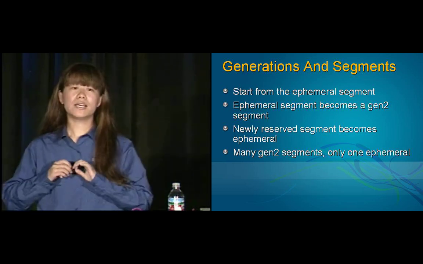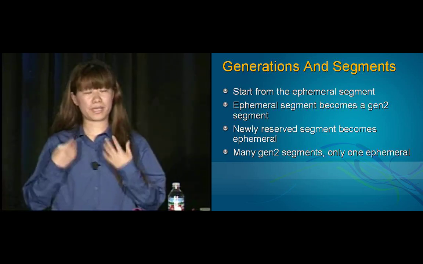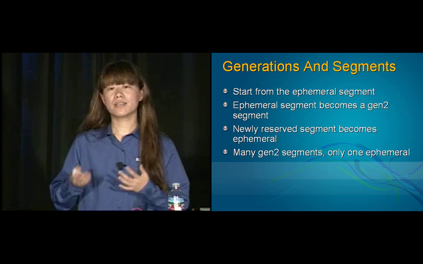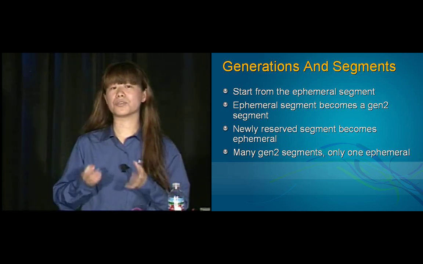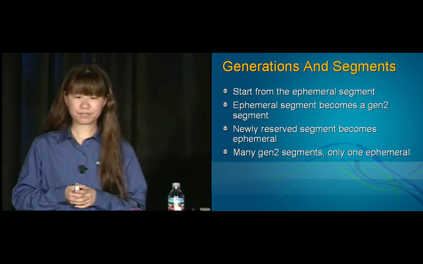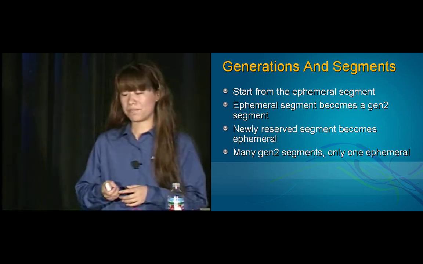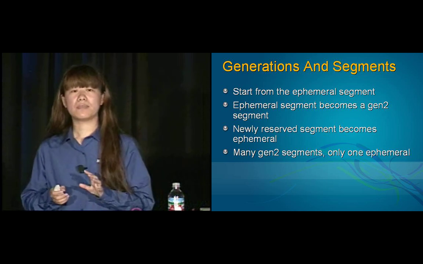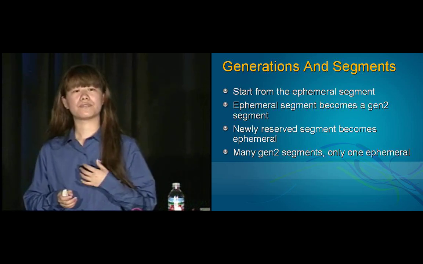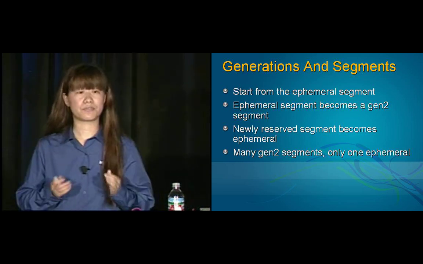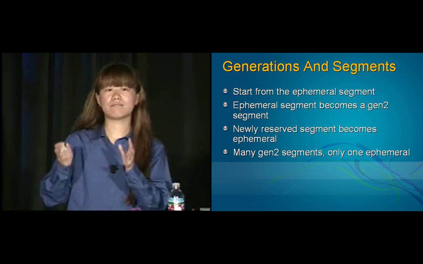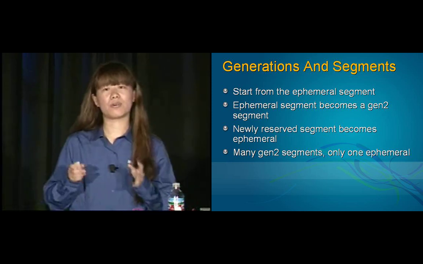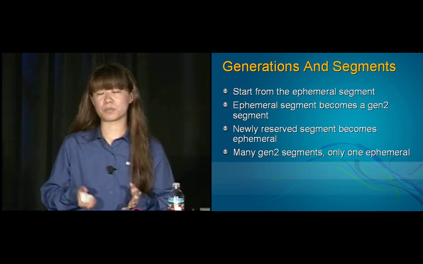We will make the current ephemeral segment into the Gen 2 segment, and this newly acquired segment will be the new ephemeral segment. So at any point in time, for a managed heap, you can have only one ephemeral segment. You could have 0 to n Gen 2 segments. There's always only one ephemeral segment.